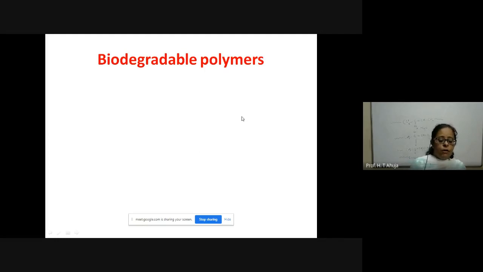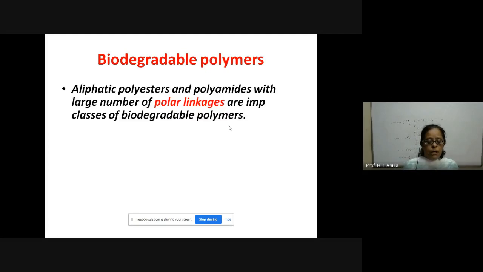Now, we are going to talk about the last type of polymers, that is biodegradable polymers. From the word itself, you can say that they are degraded with time. When they are disposed, they can be degraded by microorganisms. Aliphatic polyesters and polyamides with a large number of polar linkages are an important class of biodegradable polymers.